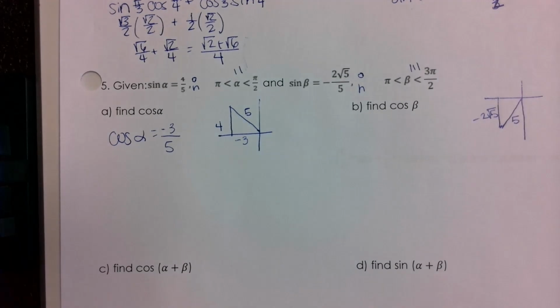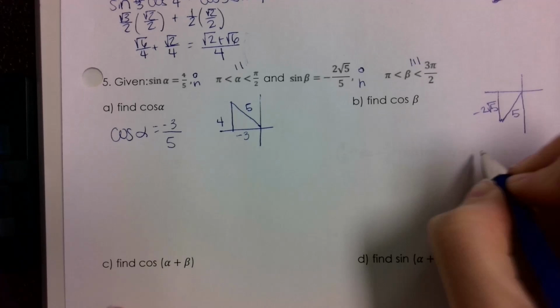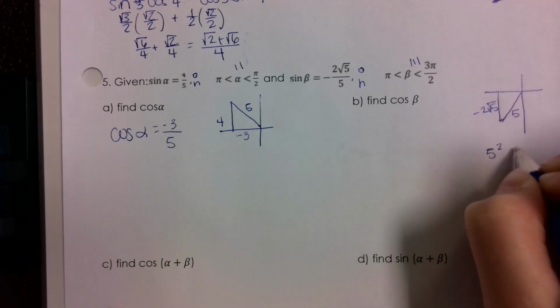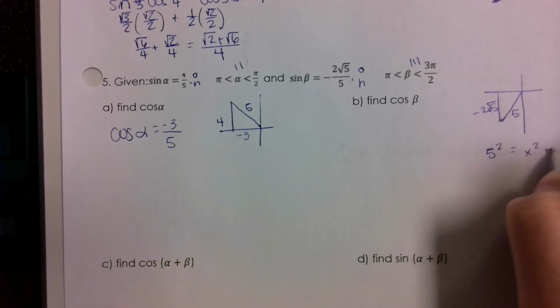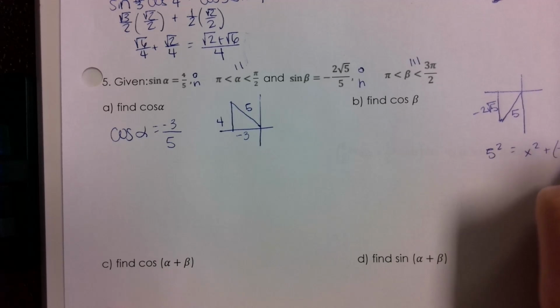How are we going to find that missing side? Pythagorean theorem, right? So we know that 5 squared is going to equal something squared plus negative 2 root 5 squared.